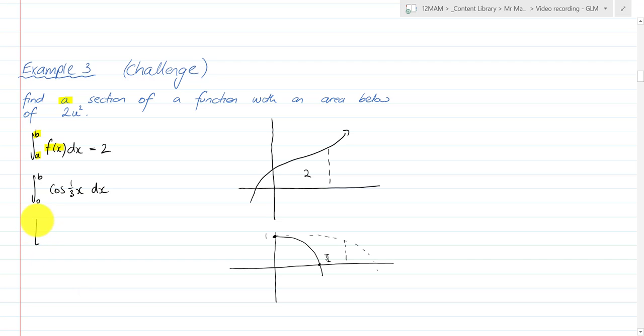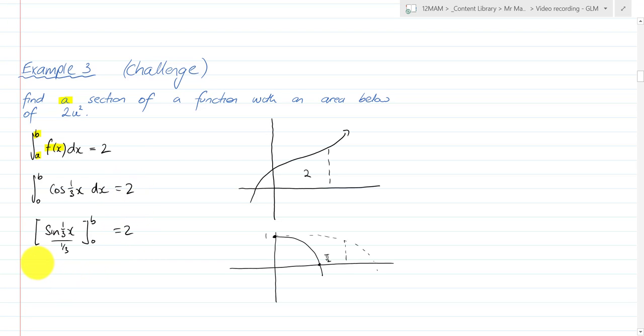So I'm going to set this up here like this, and I get cos of a third x goes to sine of a third x, but I have to divide that by a third between b and 0. And of course I want this to be equal to 2.